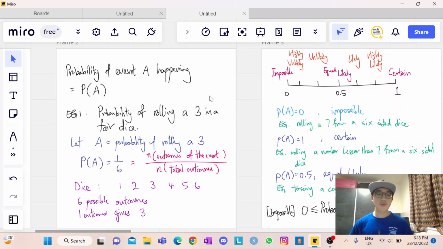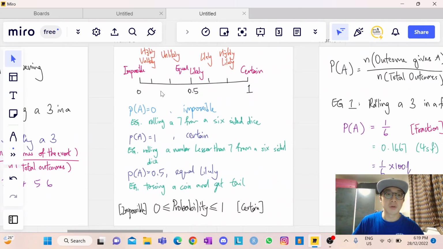How you can remember it is, let's say you want this to happen, and out of everything that might happen, this is the probability, the likelihood of the event you want happening.